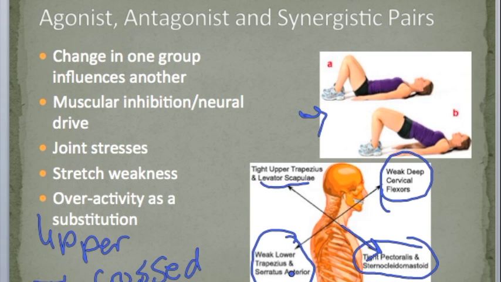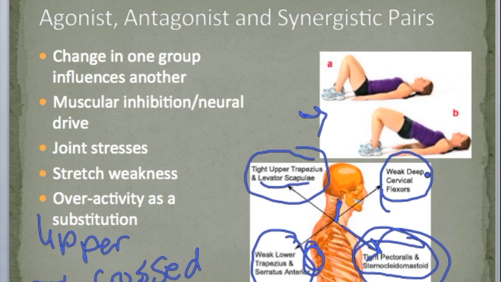So because the serratus anterior and traps aren't holding the scapulae where they're supposed to be, and you don't have good stability at the cervical spine to keep the head over the base of support here, then you get overactivity in the more superficial big surrounding musculature. So your tight upper traps and levator scap, tight pecs, and sternocleidomastoid. So here's your weakness in one group causes overactivity in another group. So that overactivity is usually a substitution for some other weak muscle.